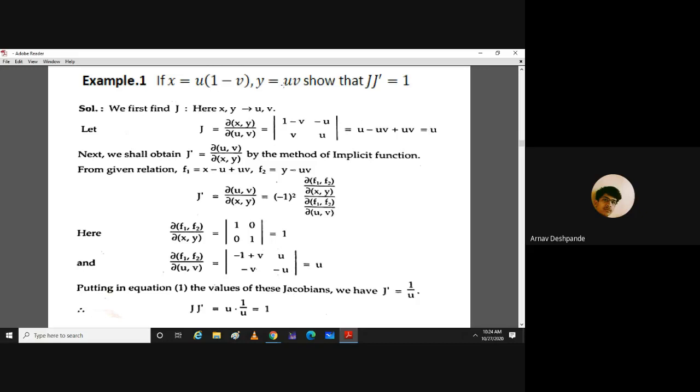From the second relation. So u and v are actually explicit functions, right? Yes, sir. So we are still using the method of implicit function.